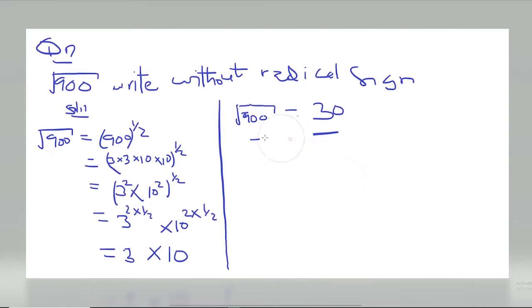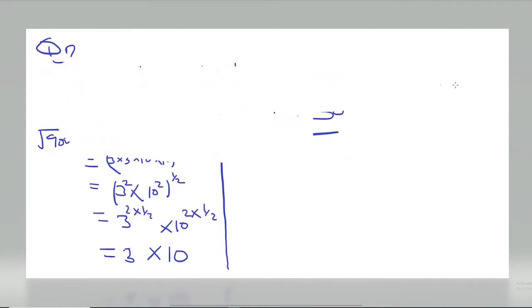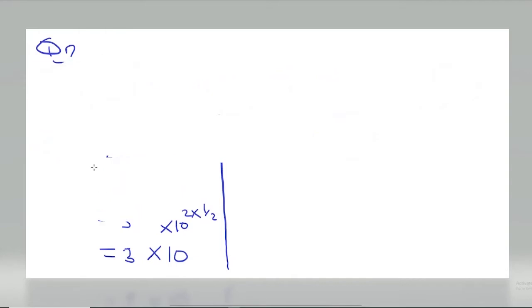Now you can be given another question. Let me write a more complicated one. It's not tough, but I hope we can again understand what I'm going to do. Write without the radical sign. Just simplify.